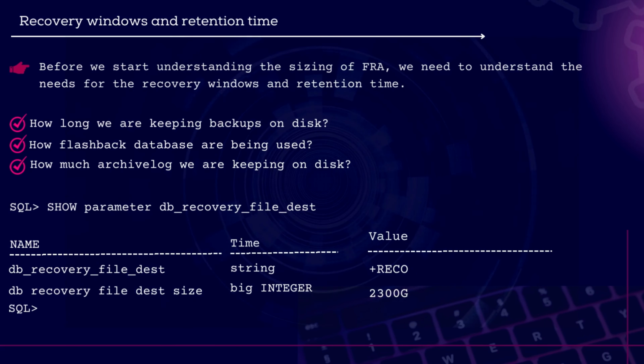And as I said, the DB recovery file dest size, we have set 2300 GB, right? So if 80% of it is utilized, it will start purging, deleting the files from the FRA which are marked for reclaimable. In this example, the 61% of the archivelogs marked for reclaimable and marked for delete will be deleted.